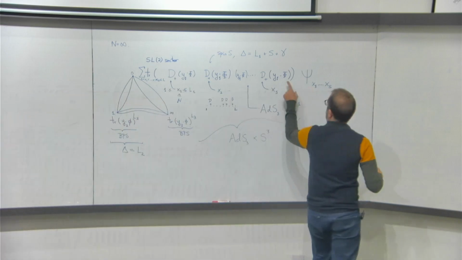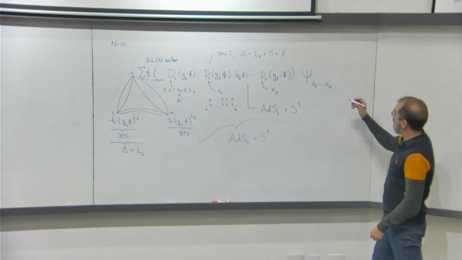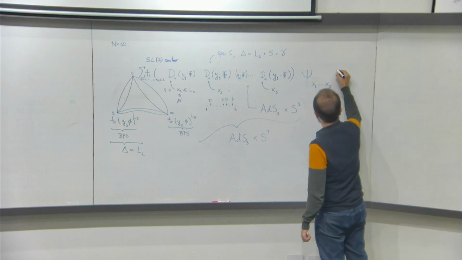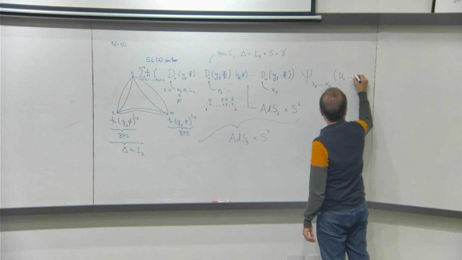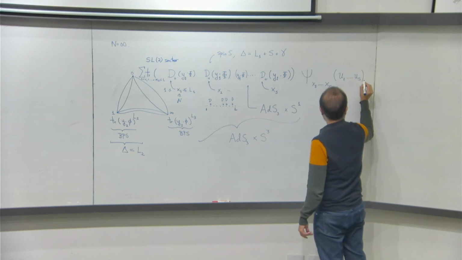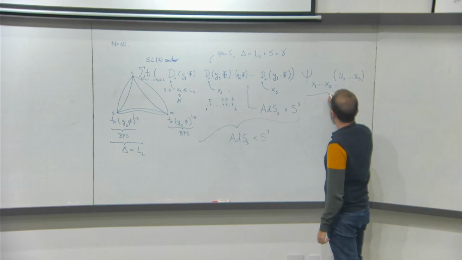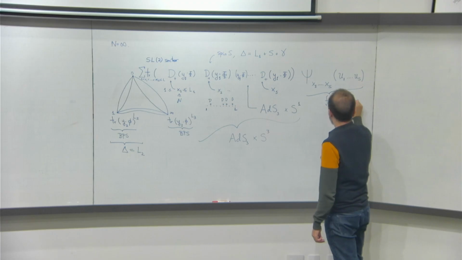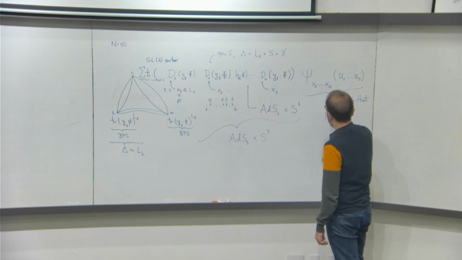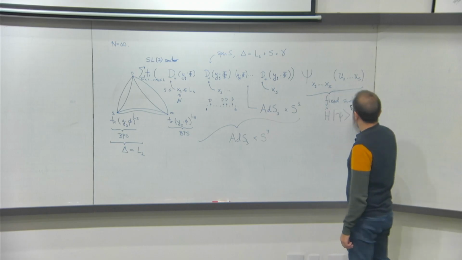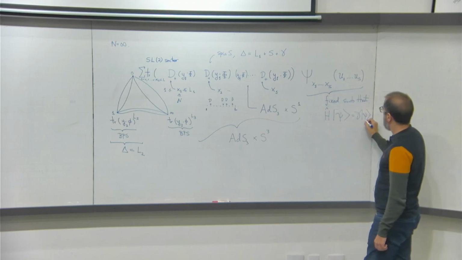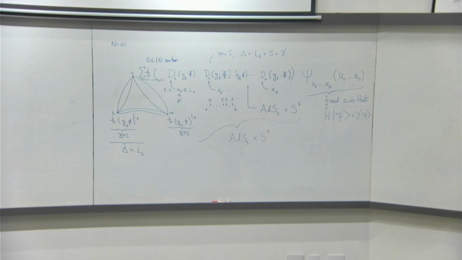And then I have some wave function that is some linear combination of this state. And this wave function depends on some parameters u1 up to us that I'm now going to specify. And the idea is that this wave function is fixed such that this state has definite anomalous dimension.